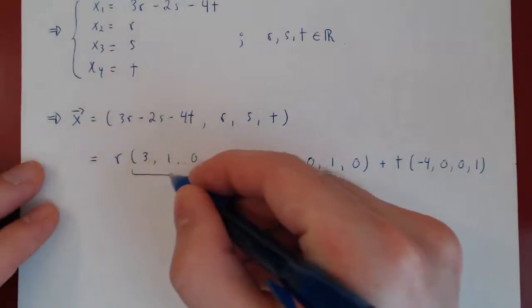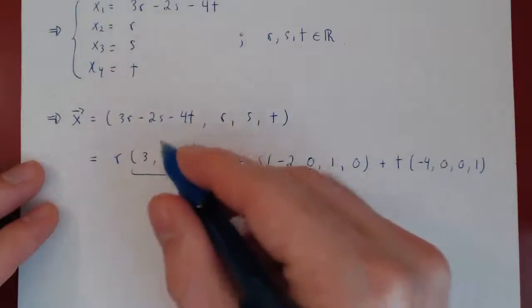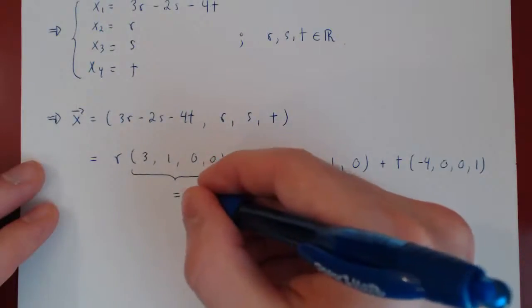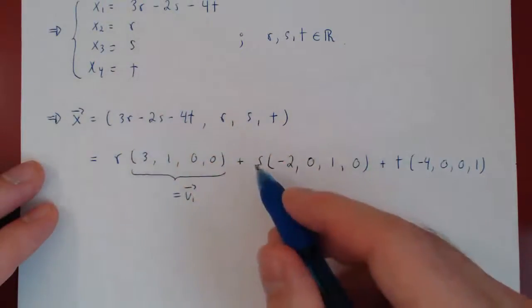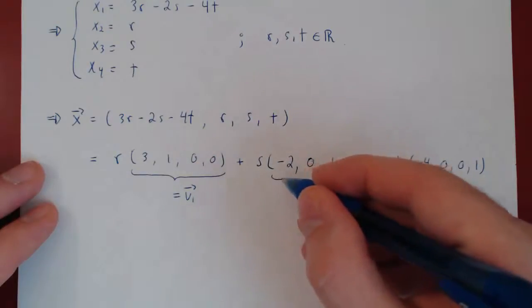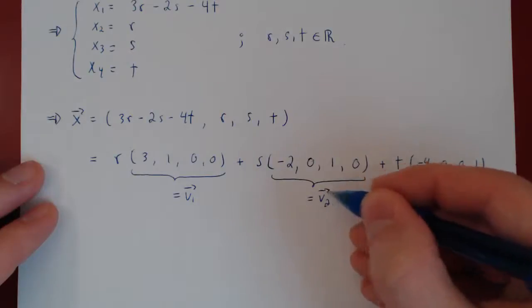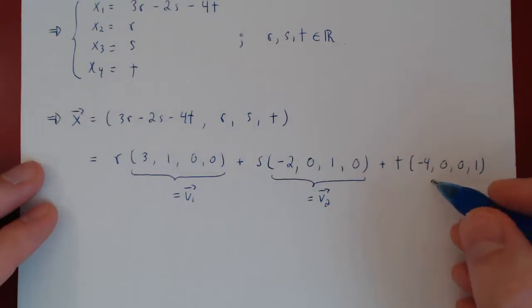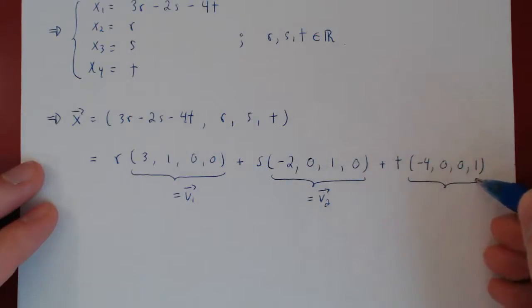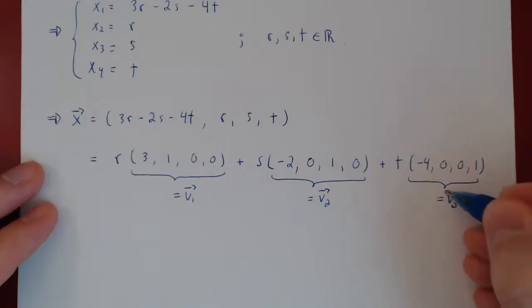So if you look at this, every vector in W must be a linear combination of these three vectors. You see, some multiple r of this vector, call this say v1, plus some other multiple of this vector, say v2, finally plus some other multiple of this vector, say v3.